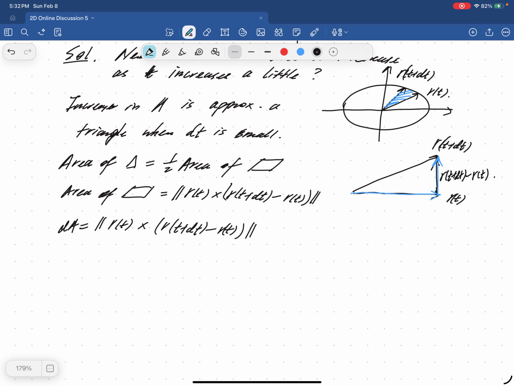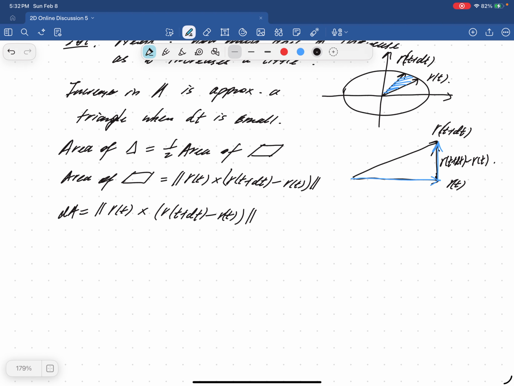But what is this quantity r(t + dt) minus r(t)? Recall that r'(t) is defined as the limit as dt goes to 0 of r(t + dt) minus r(t) over dt.